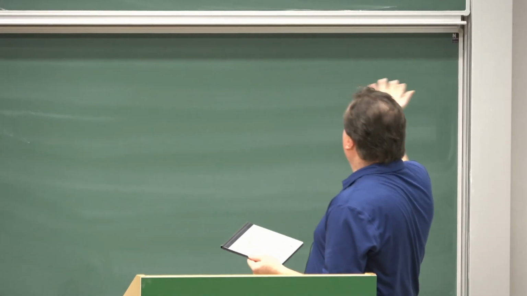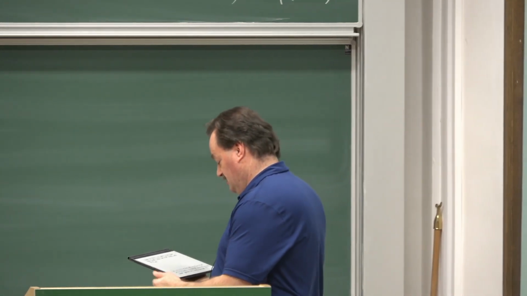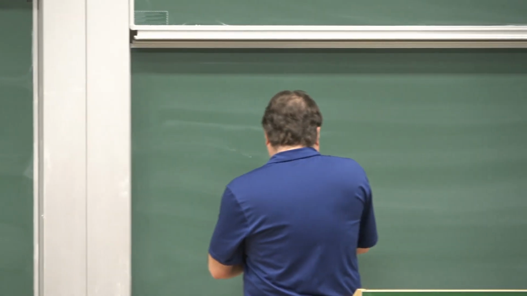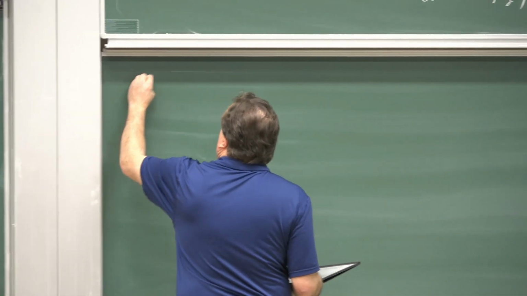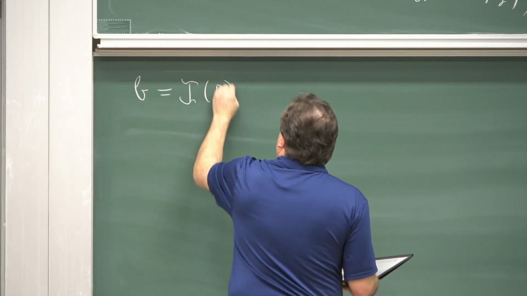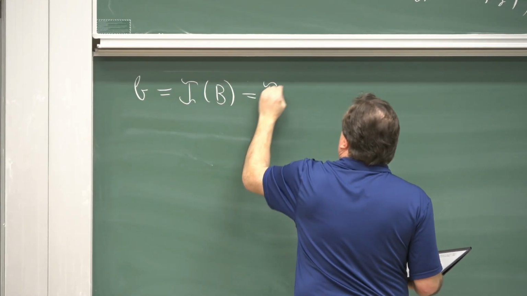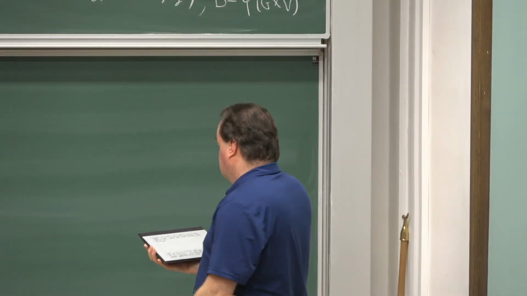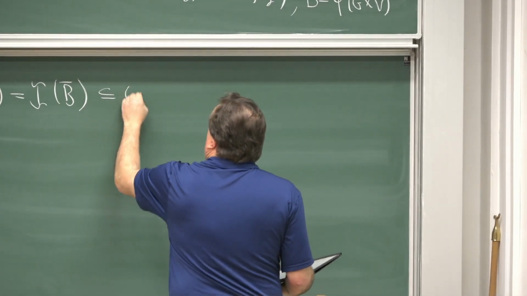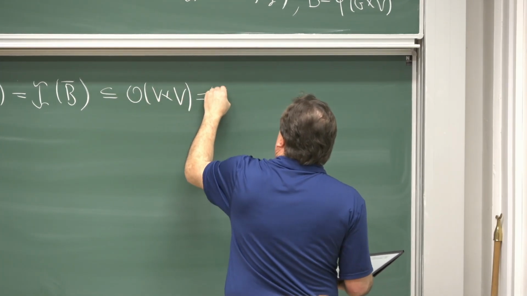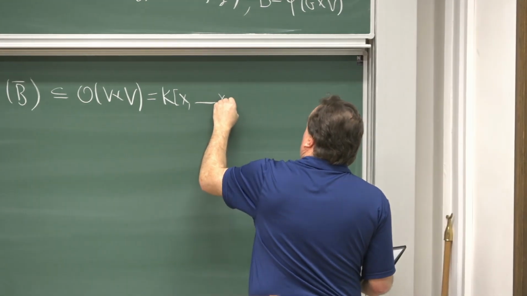It's actually the equivalence relation, right? The image. But now let I_B be the vanishing ideal of B, which is also the vanishing ideal of its closure, which could be strictly larger. And so this is an ideal in O(V times V), which is like a polynomial ring in 2n variables.